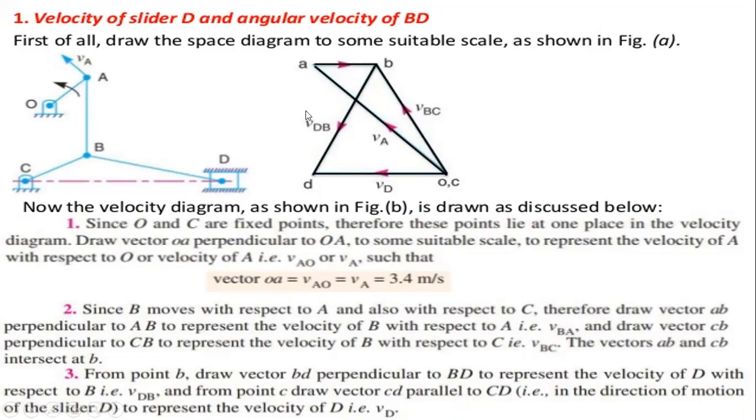This is the AB vector. And we need to draw the CB vector now, which is perpendicular to the direction of the CB link.